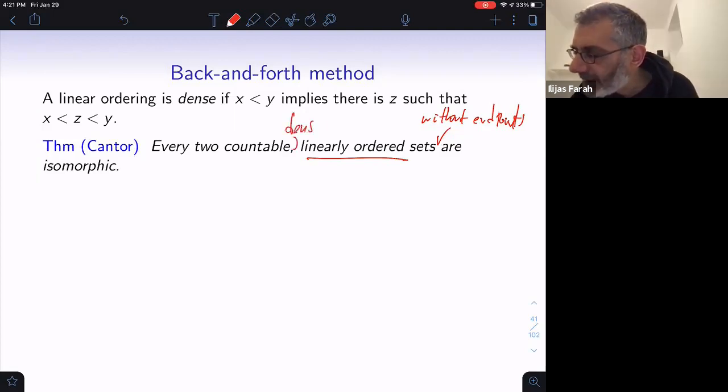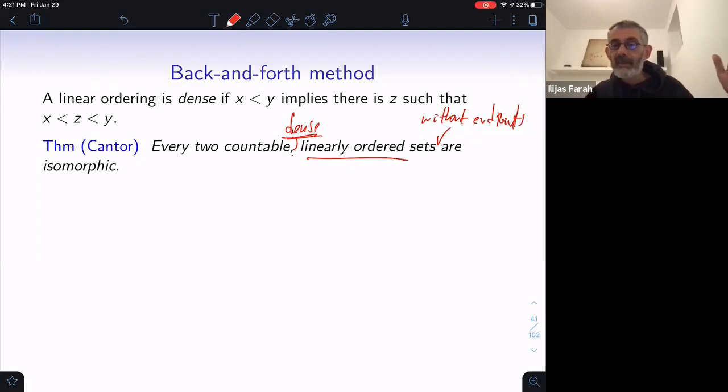I stated the definition, but then I forgot to add it here. Of course, thank you. Yes, thanks to Camille and John for pointing this out. I'm not sure about Pedro's remark still. Okay, now it should be here. Is it clear? So the theorem should be saying every two countable dense linearly ordered sets without endpoints are isomorphic, right? Endpoints can make a difference.